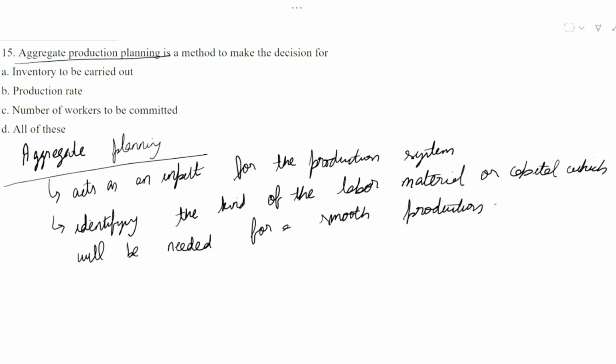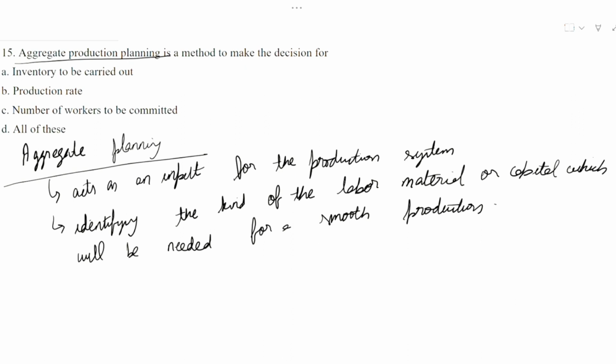This is the intermediate kind of planning which is done for a period of 3 months to 12 months. When the number of components which are being produced, what components will be needed, those will be identified in this stage.